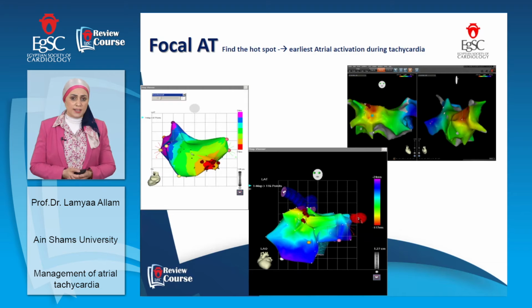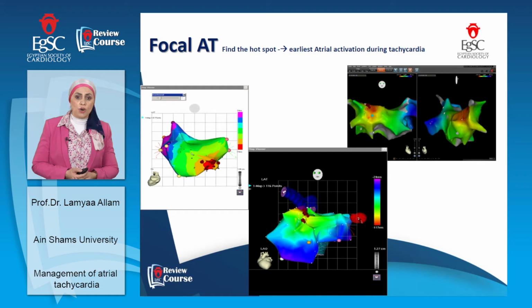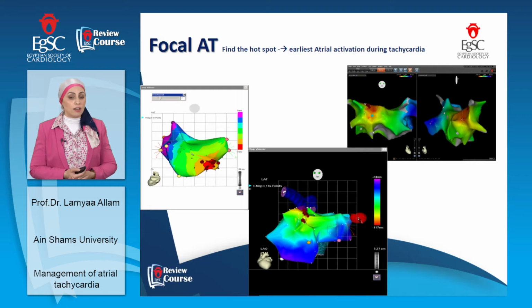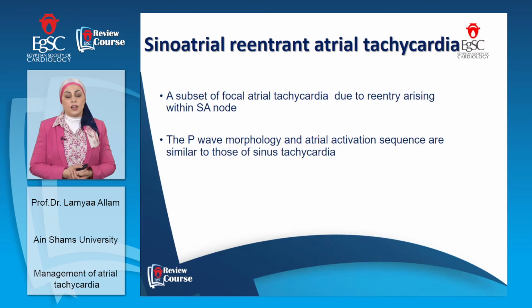So don't hesitate to send your patient to an electrophysiologist when the tachycardia is incessant, recurrent, not responding to medications, or there is a tachycardia-induced myopathy from this tachycardia. I finished my session about the focal atrial tachycardia.